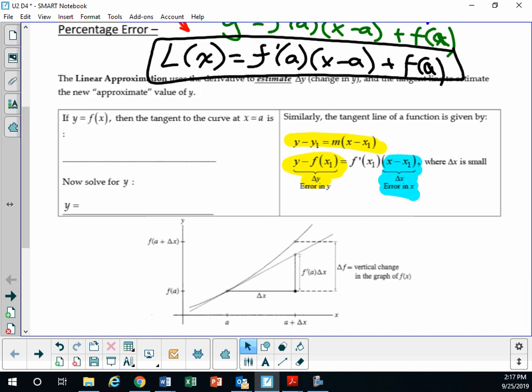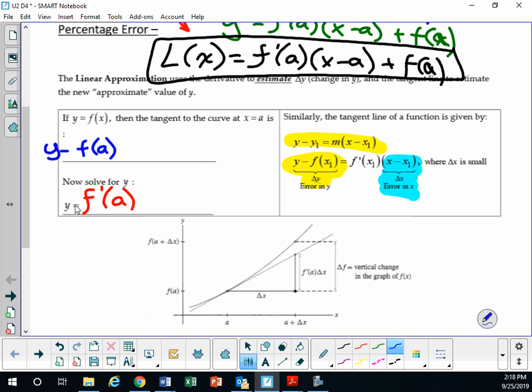So again, we have y equals f of x. This is literally what you had before when I solved for y. That said, f prime of a, because this was y minus f of a, y minus y1 equals m, which is f prime of a, because that's the slope at that point, times x minus a, or f prime of a times x minus a plus f of a.